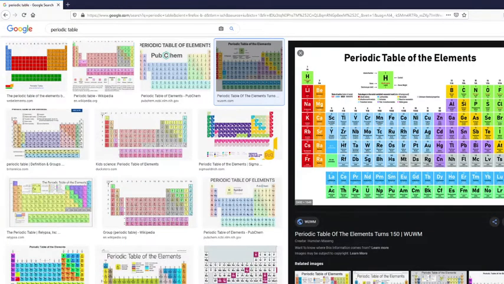Group 5 elements are nitrogen, phosphorus, arsenic, antimony, and bismuth. So this is group 3, this is group 4, and this is group 5.